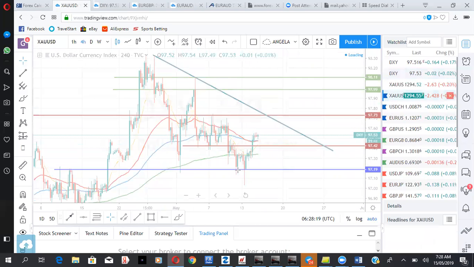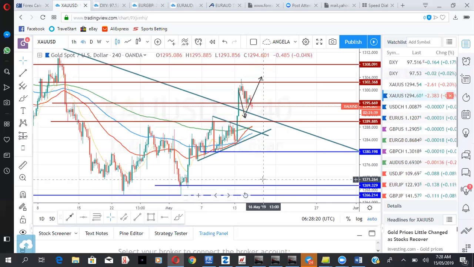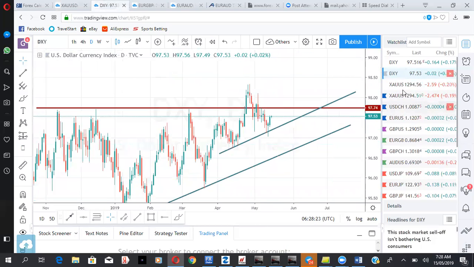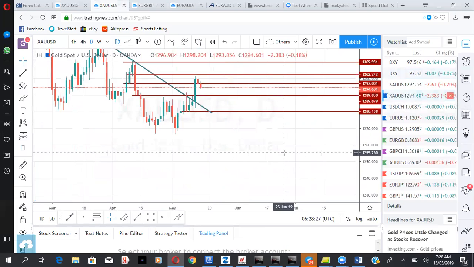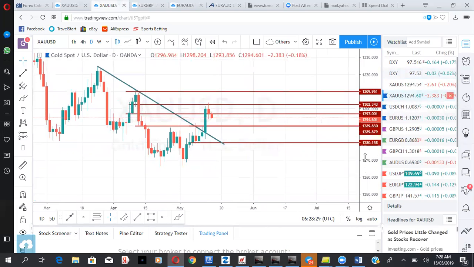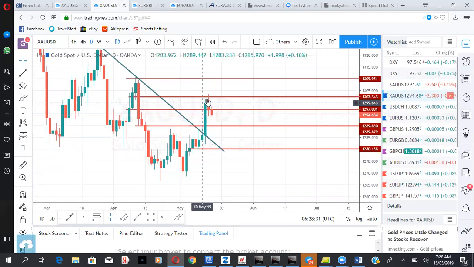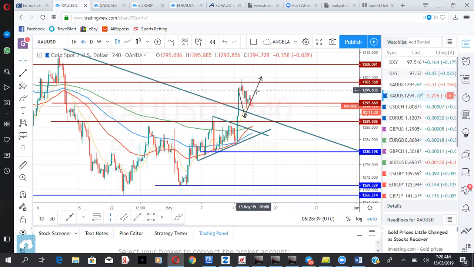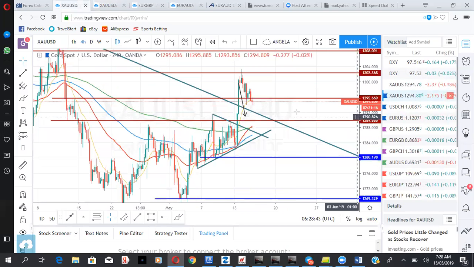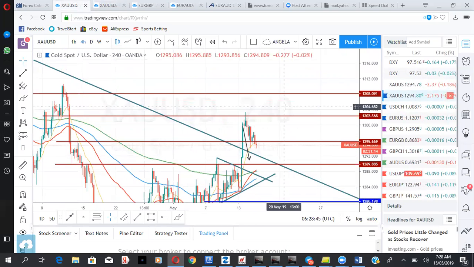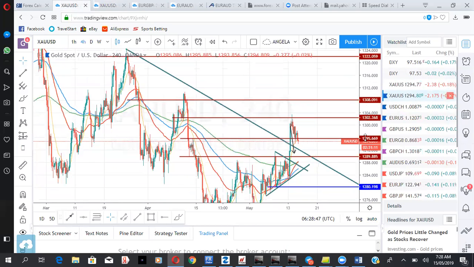The next pair we'll be looking at is gold. And looking at gold, let's get a daily idea of how gold looks. This is not an inside bar. It's not basically an inside bar. So what do we expect on gold? Gold broke this trend line. Let me zoom out a bit so you can see clearly.